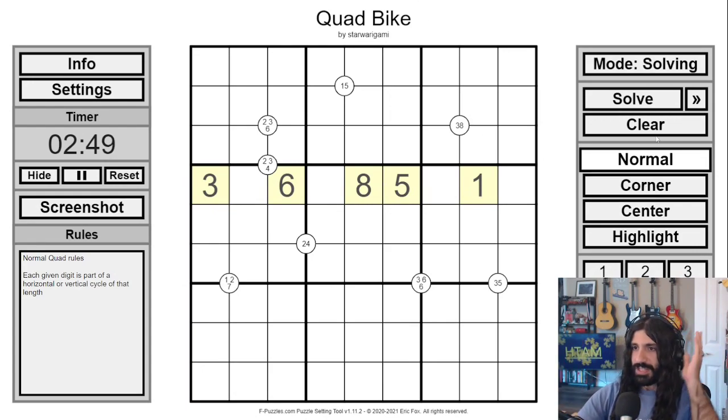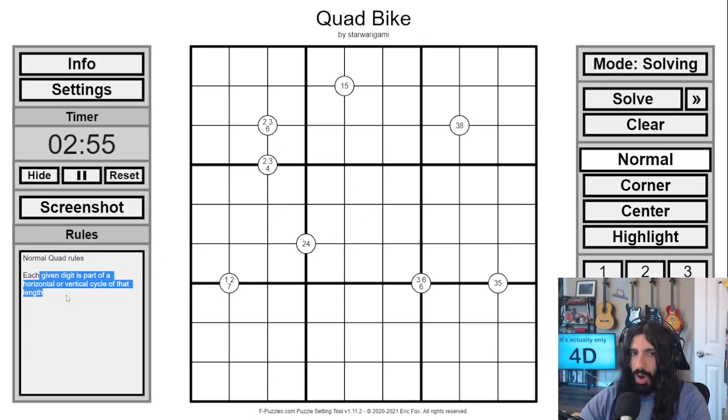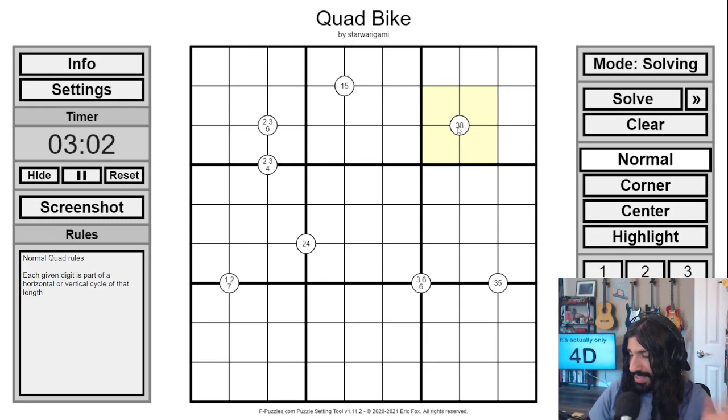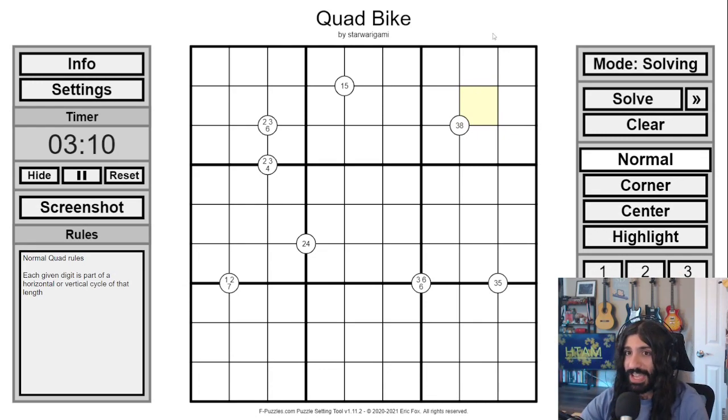So the second rule, besides the normal quadruples rule in this puzzle, is that all of the given digits, all of the digits that are contained within these circles, wherever they show up, are a part of a horizontal or vertical cycle. We don't know which. We have to discover that as the solver.